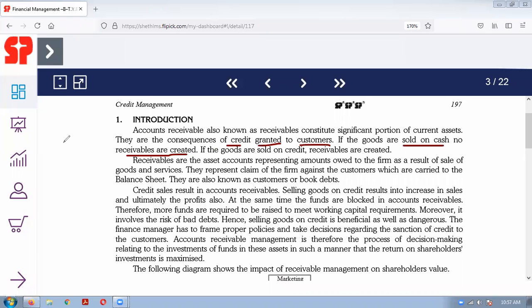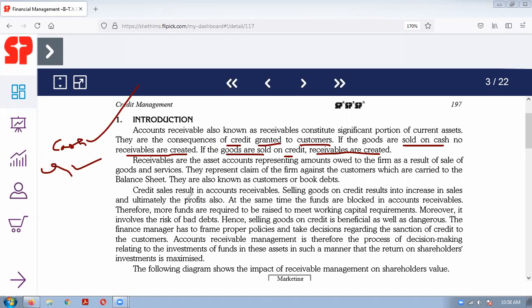So two types of sales are there: cash sales and credit sales. If you are selling on credit basis, then only receivables will arise. Otherwise, the cash account will be debited. So in cash sales, there will be no receivables. If goods are sold on credit, then only receivables are generated or created.